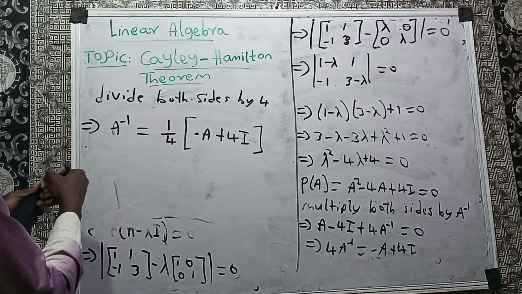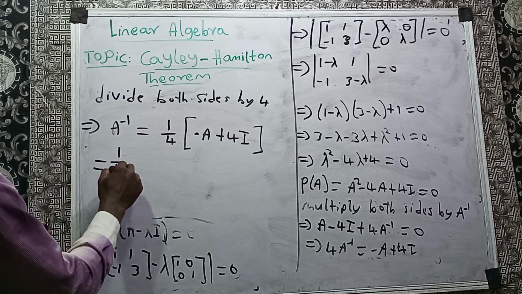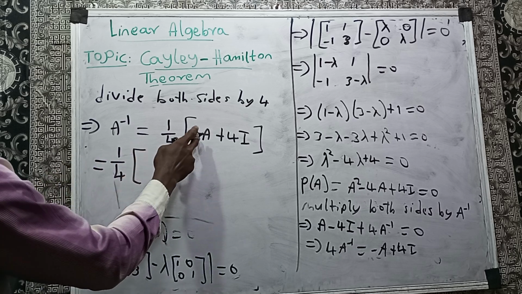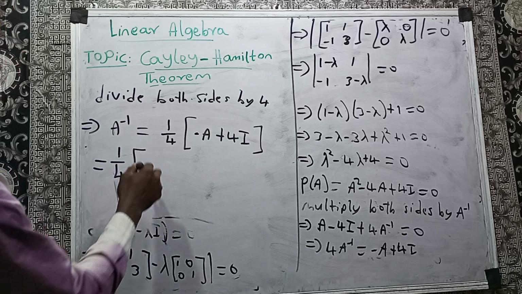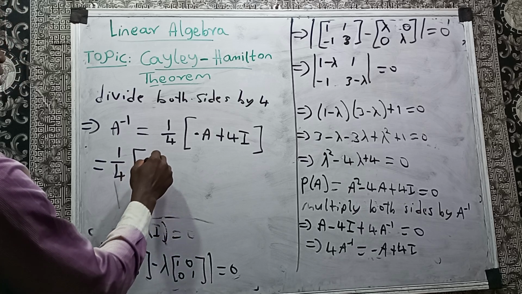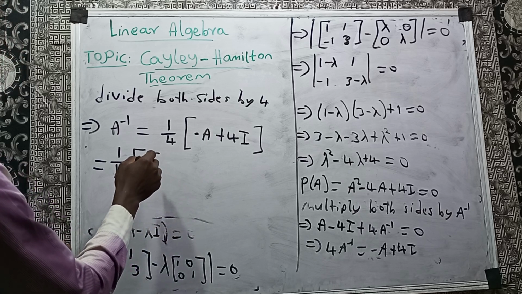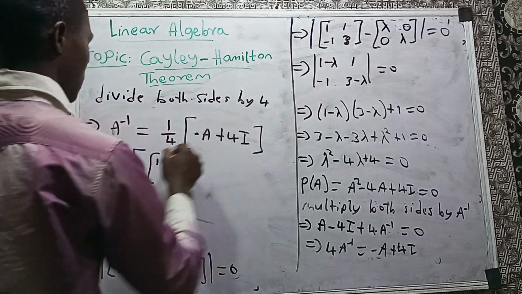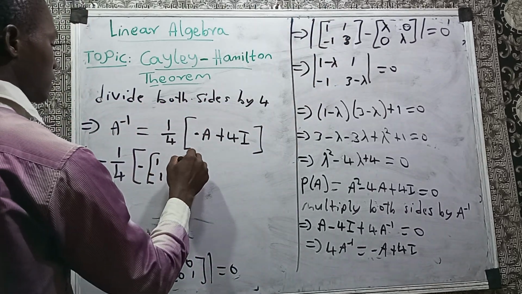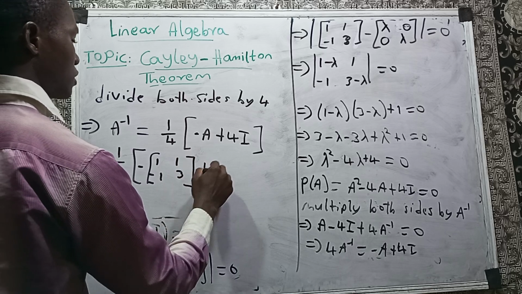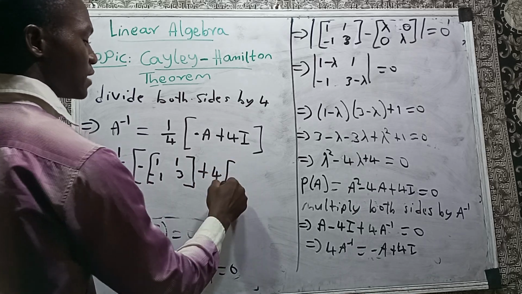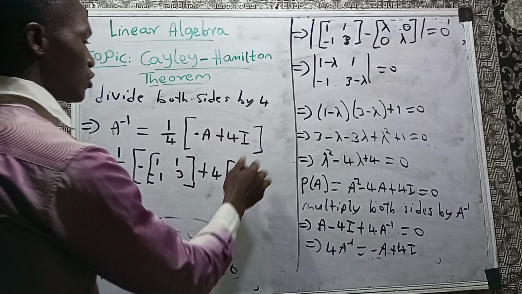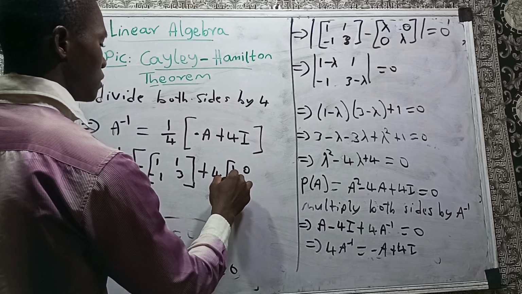So this will be equal to 1/4 of negative A. So we have negative of, what is our matrix A? 1, 1, negative 1, 3, plus 4 I. I is the identity matrix. It will be 2 by 2 because matrix A is 2 by 2.